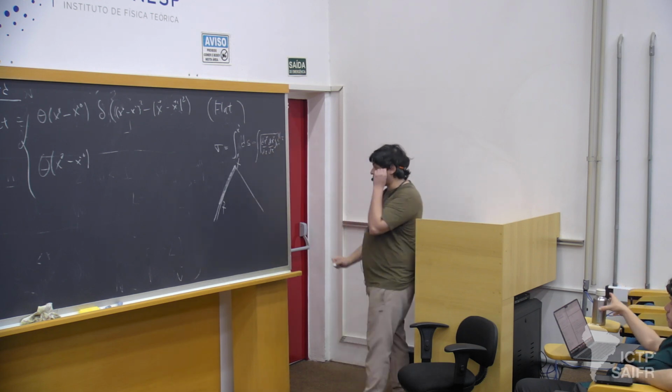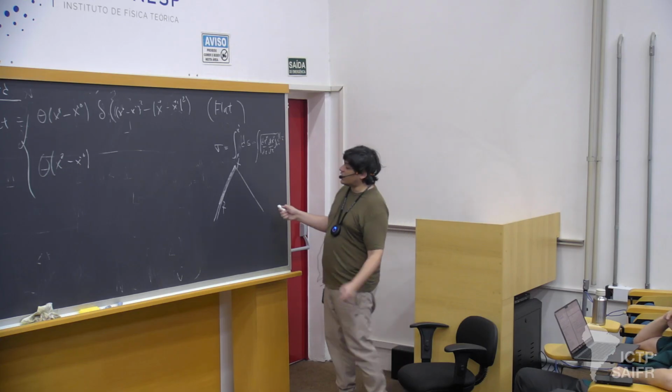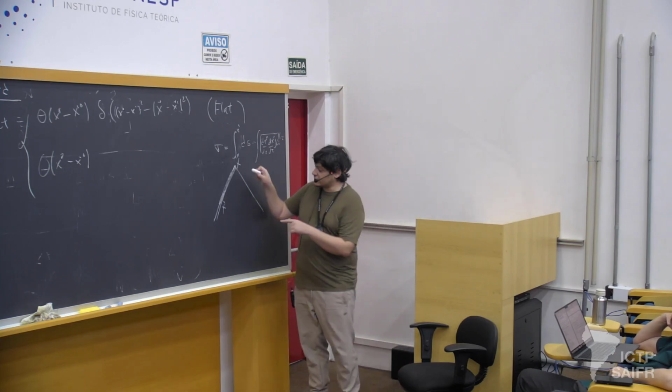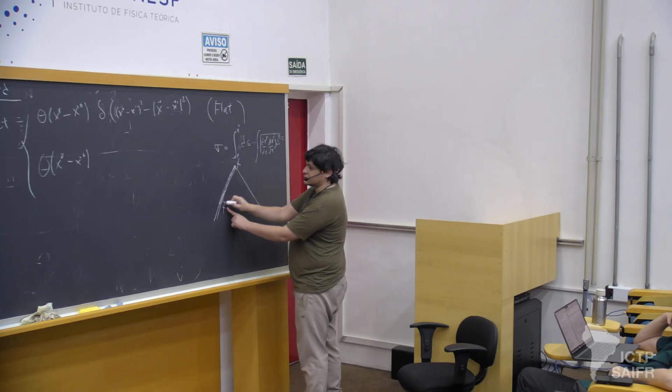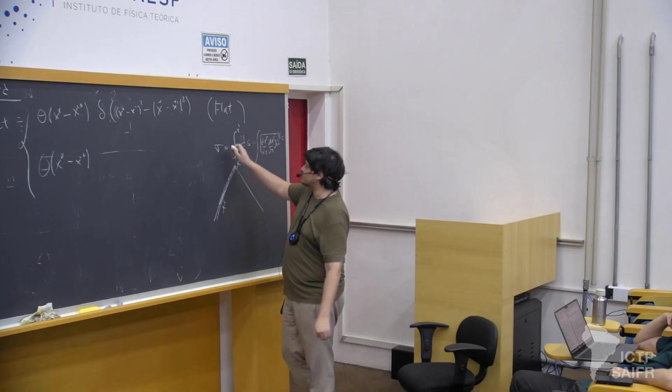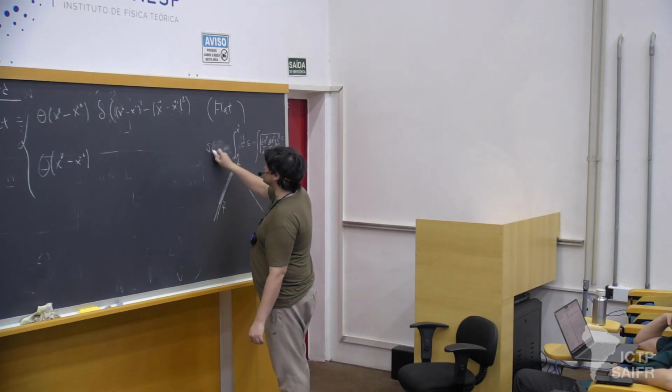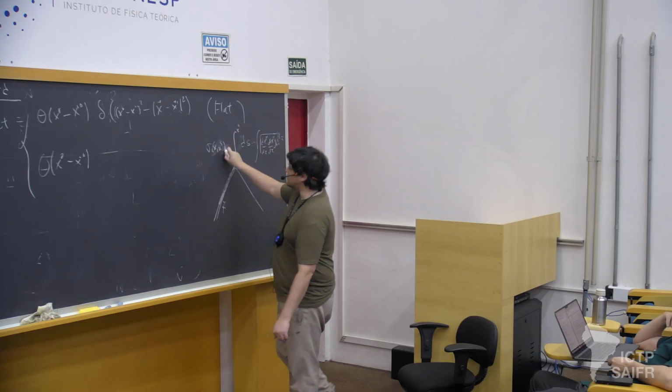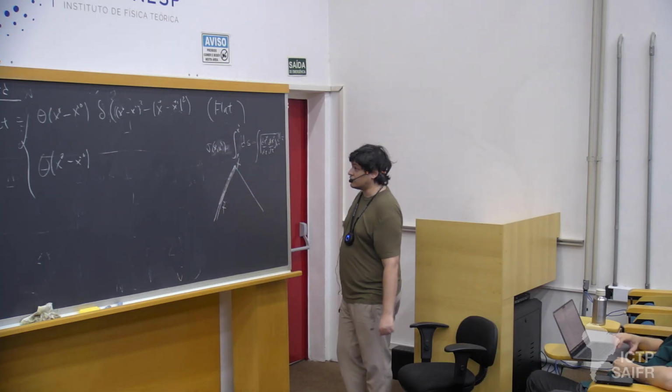Okay, so this is the geodesic. This is also the action. But now what we're doing is evaluating the on-shell action between x and x prime, which is the geodesic distance. Crucially, this is a function of x and x prime, which depends on g.